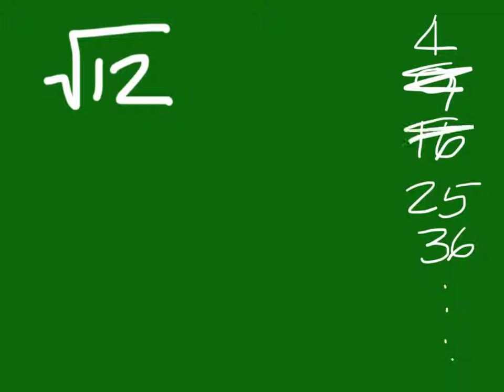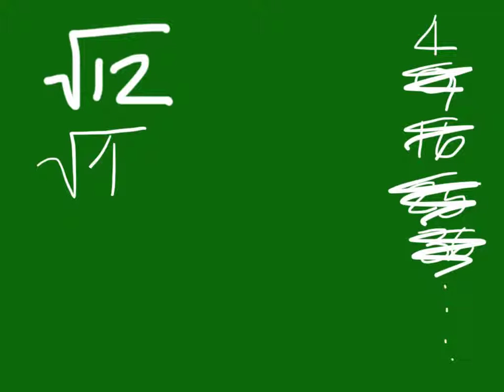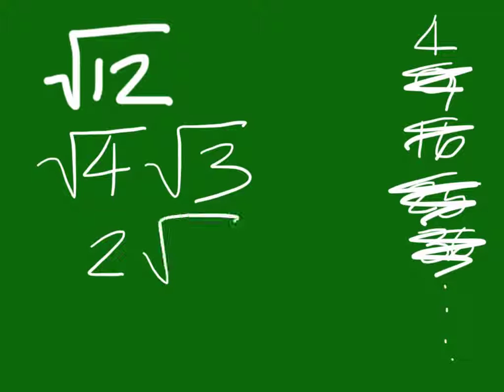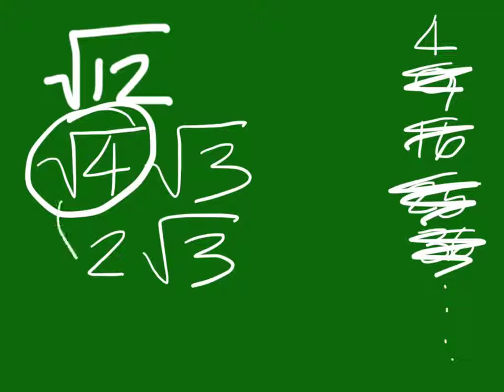So all of these are above 6, leaving us with only one option. Will 4 go into 12 evenly? So the square root of 4 times the square root of 3 would give me the square root of 12. So 2 square root of 3 would be your final answer after you reduce this down to 2.